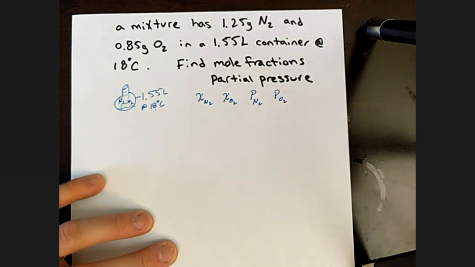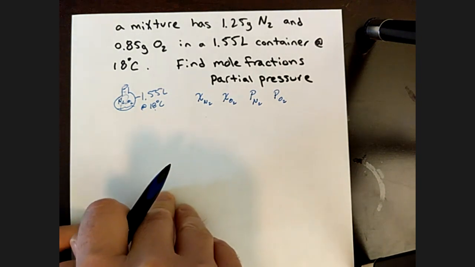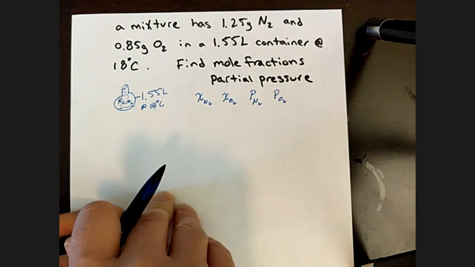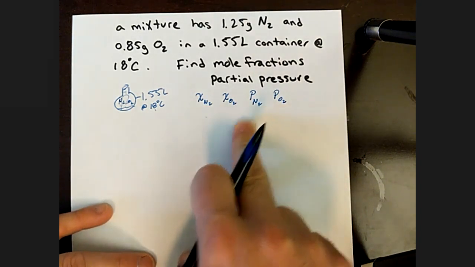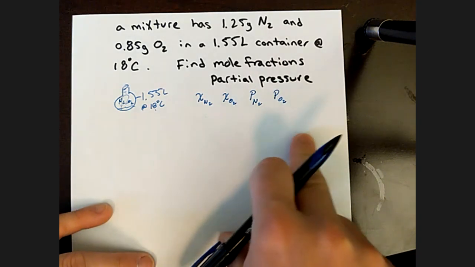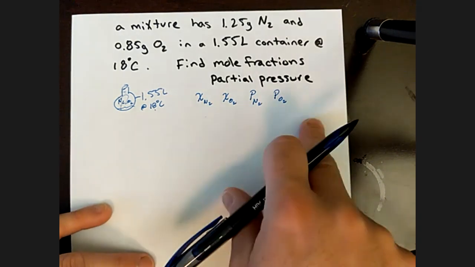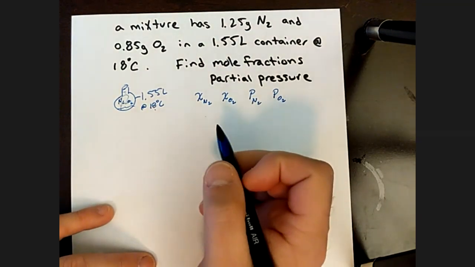Again, for test questions, depending on how complicated they are, generally if you find one of them, that's what most test questions are looking for: the mole fraction and the partial pressure of one of them. If you can demonstrate that you can find one, it's just making the problem longer to find two. The method doesn't change from one to another.